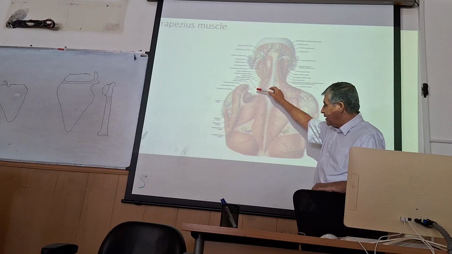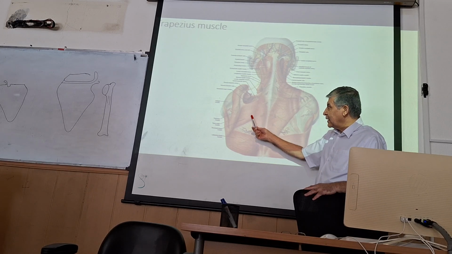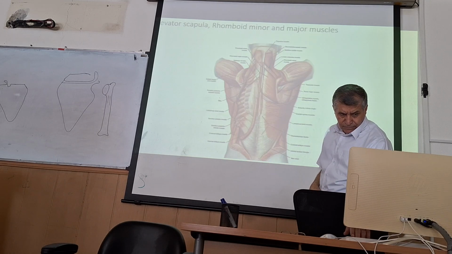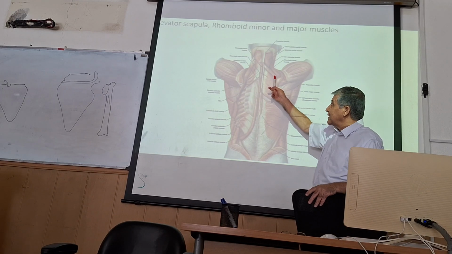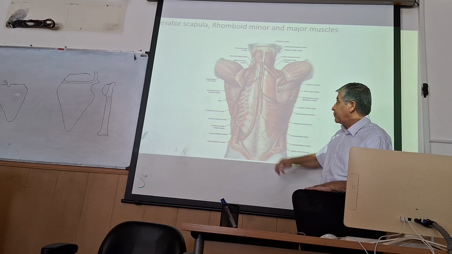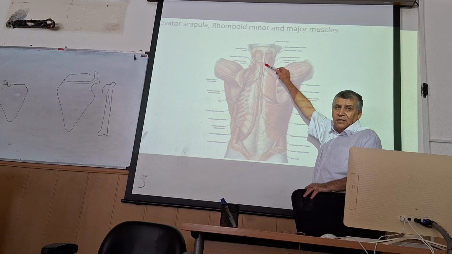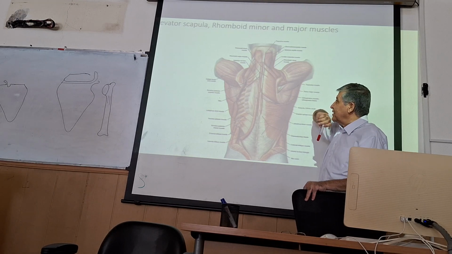On the right side, the trapezius is removed. You can see the rhomboid muscles and levator scapulae. All of them originate from the cervical and thoracic vertebrae.